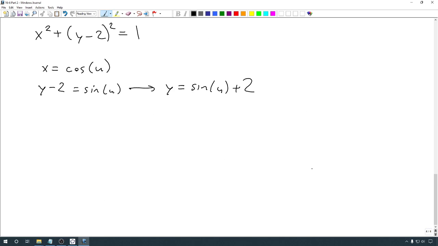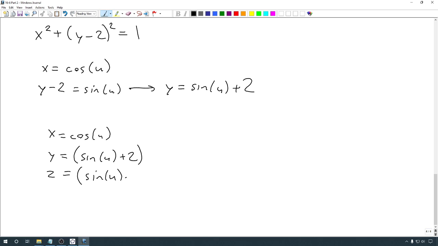So in essence, what we're going to be doing here is we're going to keep x the way it is. X isn't going to change. But we're going to let y and z be this radius of sine u plus 2 and sine u plus 2, but we're going to multiply them by a cosine of v and a sine of v.